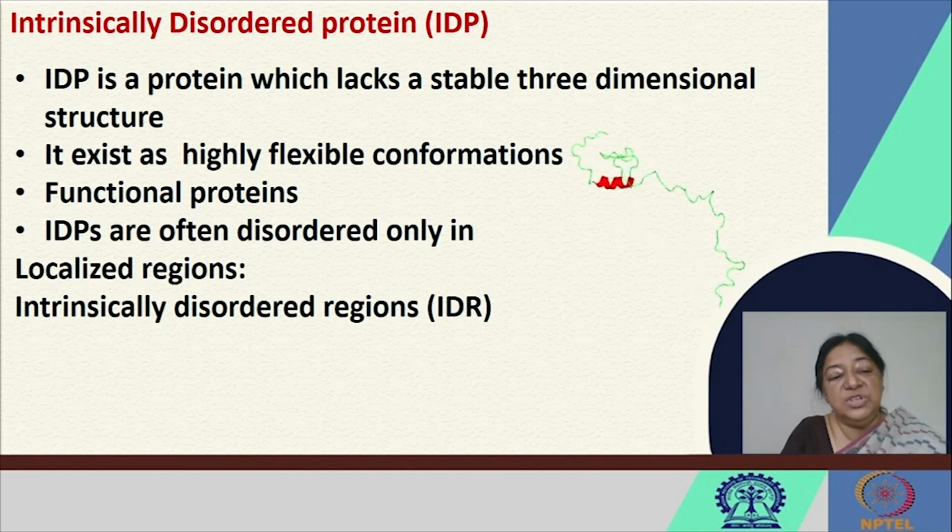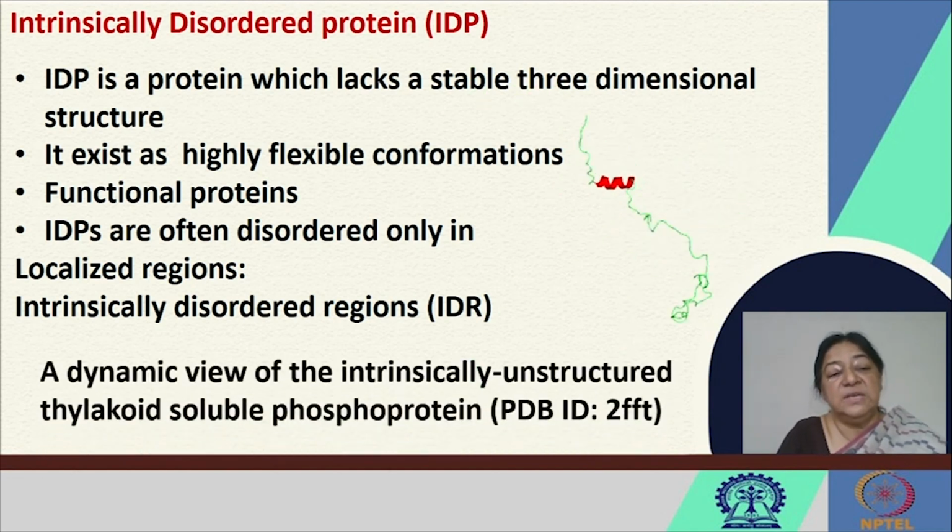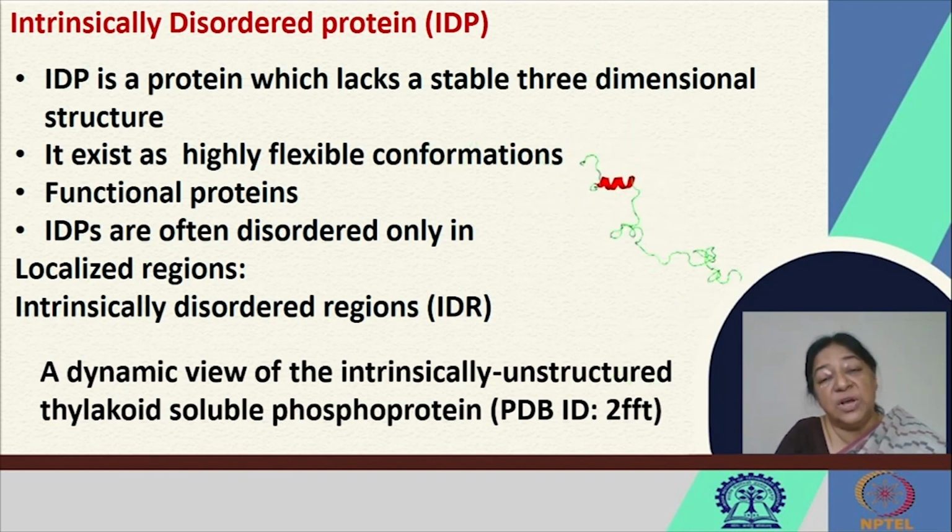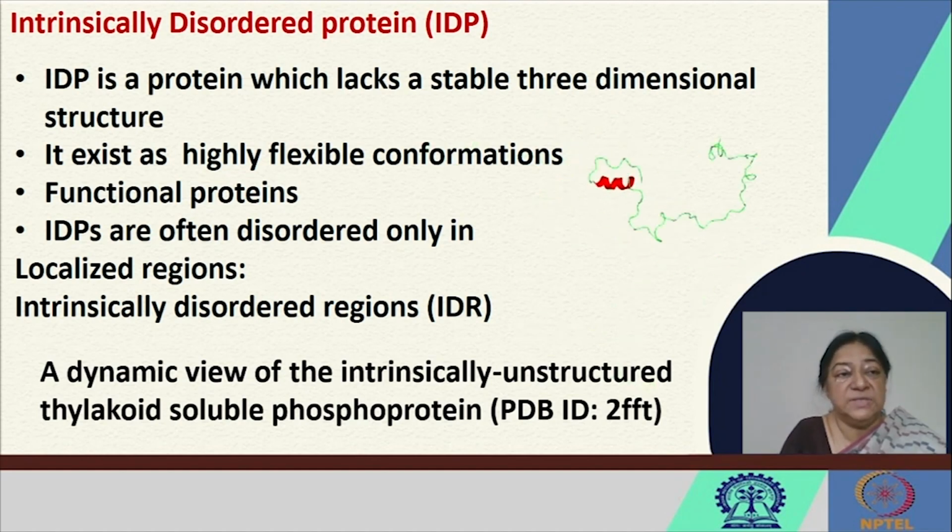So the localized regions present in these intrinsically disordered proteins could have an advantage, but at the same time, they could be a disadvantage if they interact too much with each other in the form of hydrophobic linkages, sometimes forming disease, for example, Alzheimer's disease.